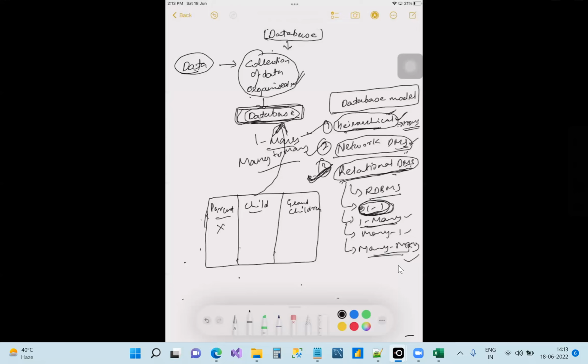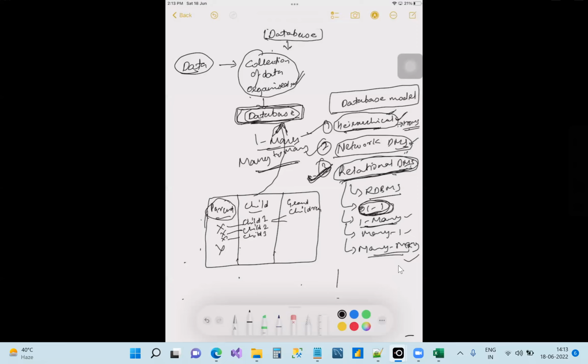Suppose there is parent X and parent Y. For X, there is child 1, child 2, child 3, for X only. For Y, suppose there are two more. Over here, if we have another table, we can easily make whatever relationships we could make earlier from these. That's the reason we are drawing relationships.